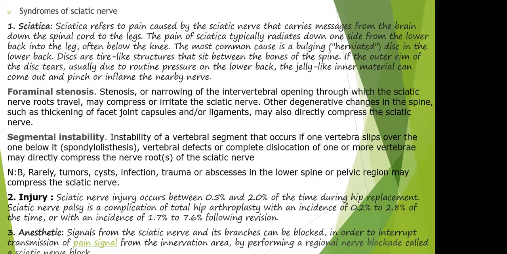Instability of a vertebral segment occurs when one vertebra slips over the one below it, and that is called spondylolisthesis. Vertebral defect or complete dislocation of one or more vertebrae may directly compress the nerve roots of the sciatic nerve.